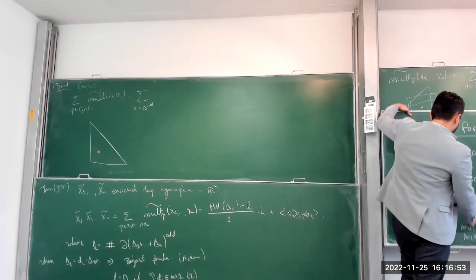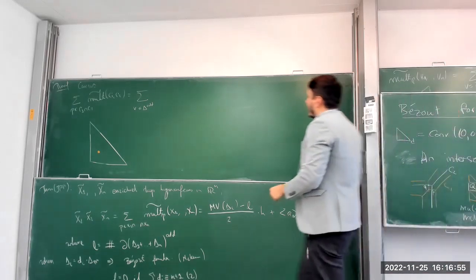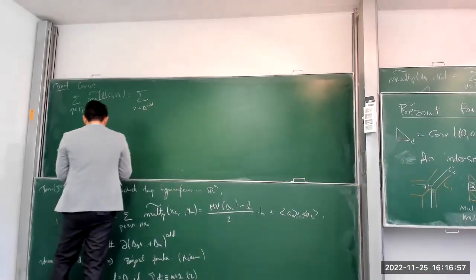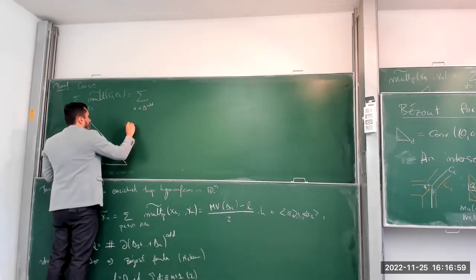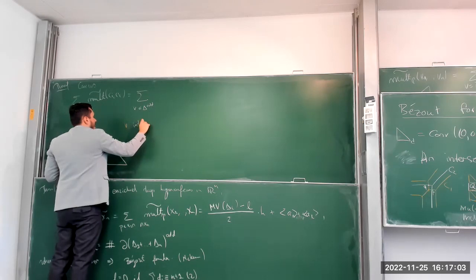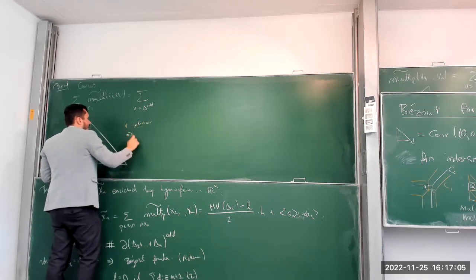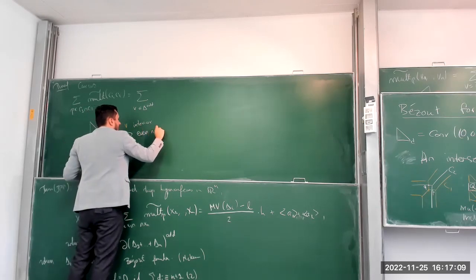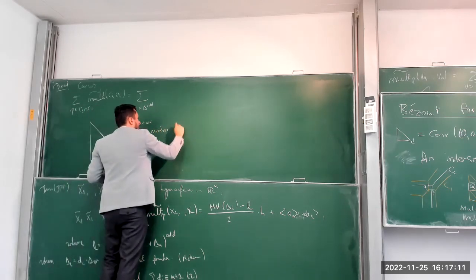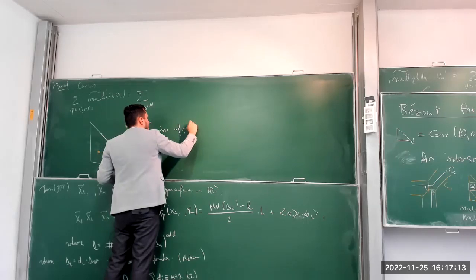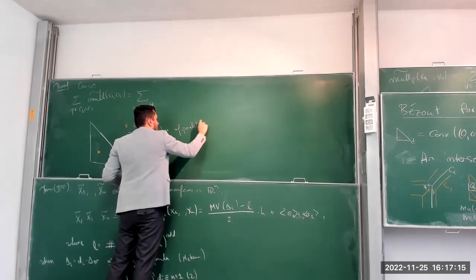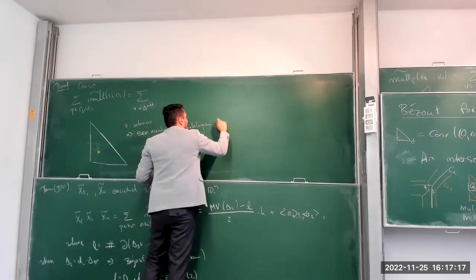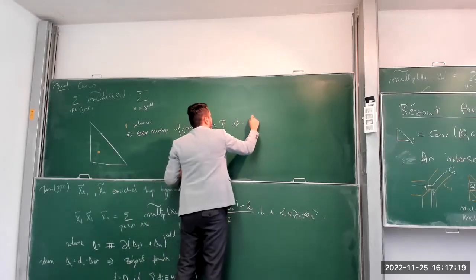I'm going to remind you that for B in the interior, we're going to have an even number of elements such that B is contained.